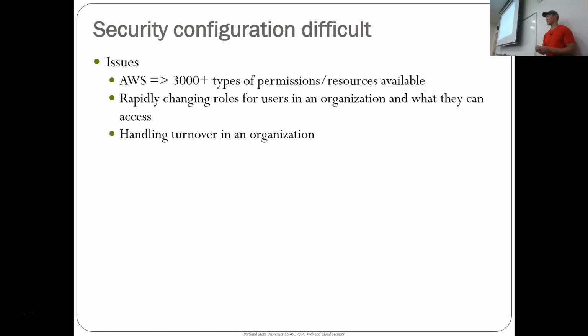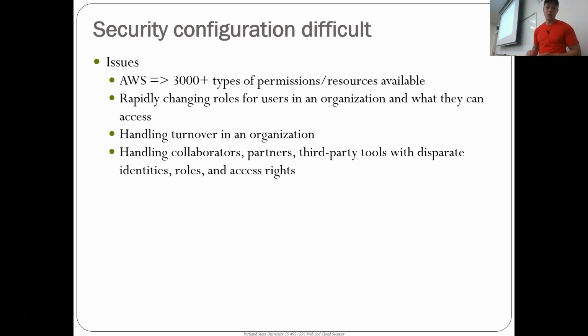You have turnover, right? How do you handle people joining and leaving the company? Some of you are doing internships. Hopefully someone is provisioning you an account temporarily and then deleting that when you're no longer an intern. So is that process in place to make sure that the turnover is handled?